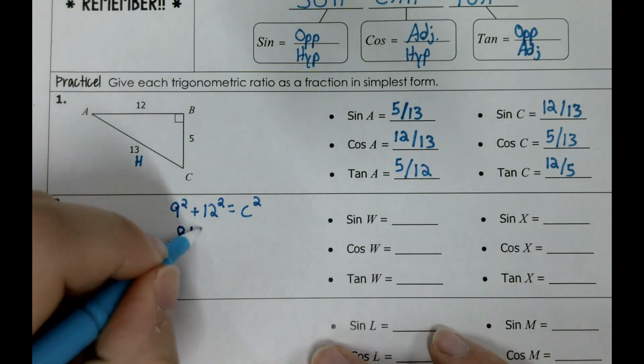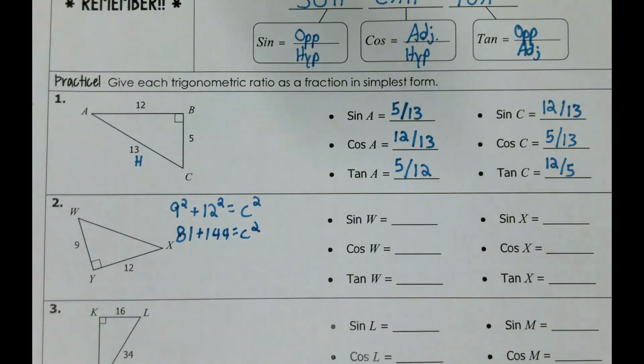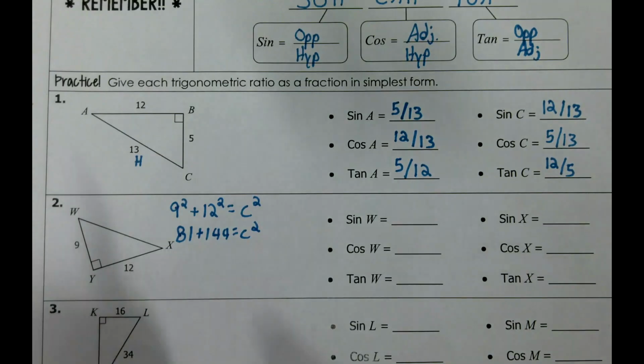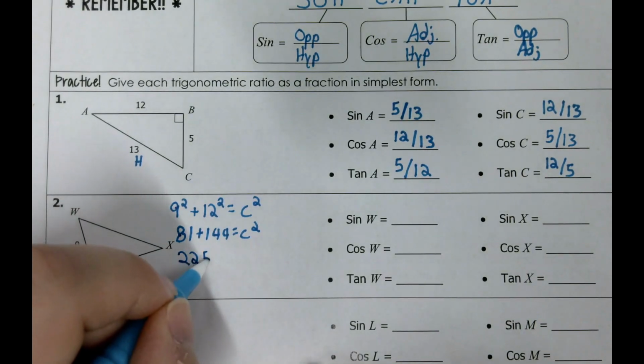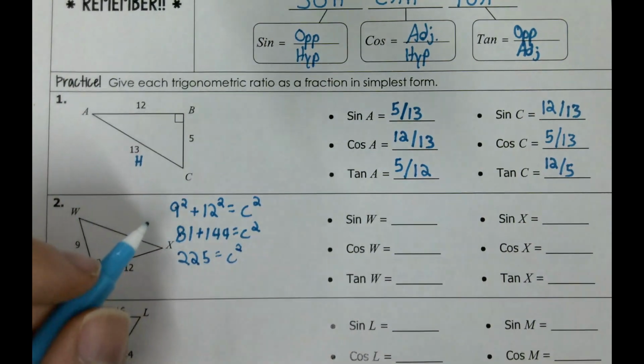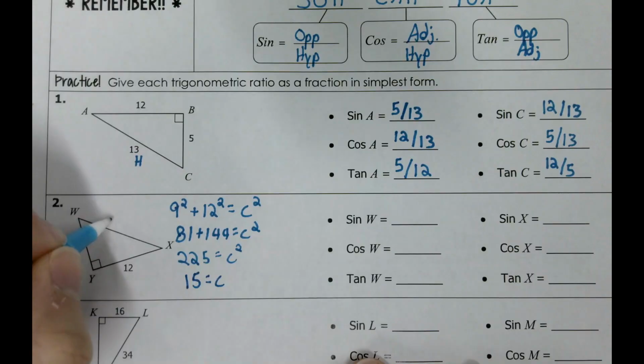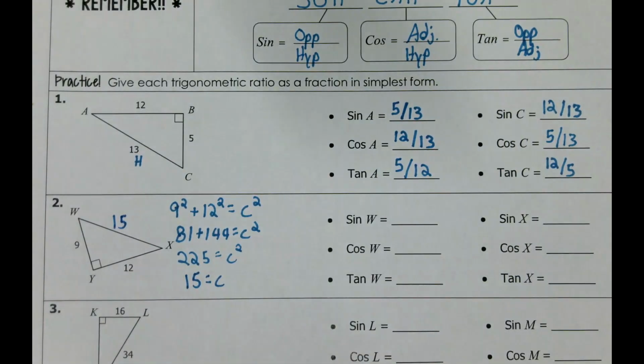And that's going to be 81 plus 144 equals C squared. And 81 plus 144 is 225 equals C squared. If I take the square root of both sides, I'm going to get 15. So this missing side here is 15.